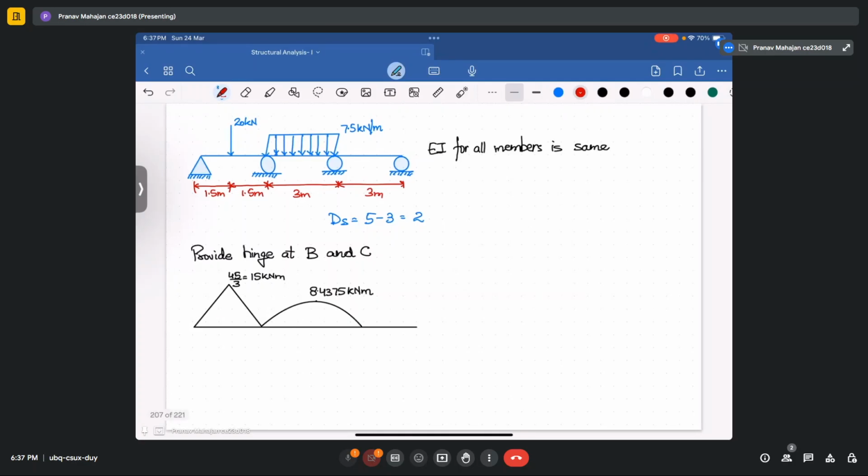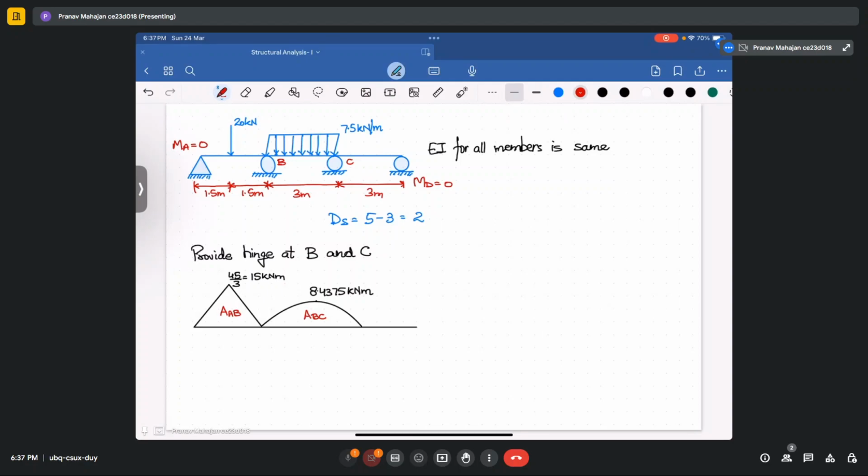In this, the area will be AAB, and let this area be ABC. MD will be equal to 0. MA is also equal to 0. Now you are interested in only B and C.